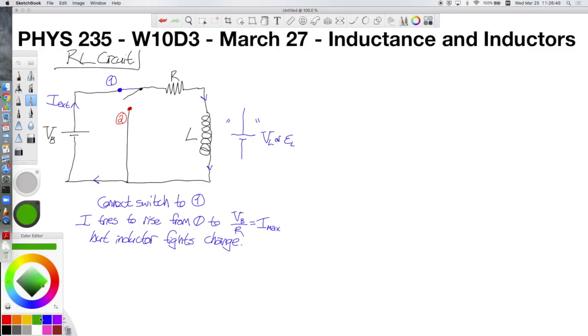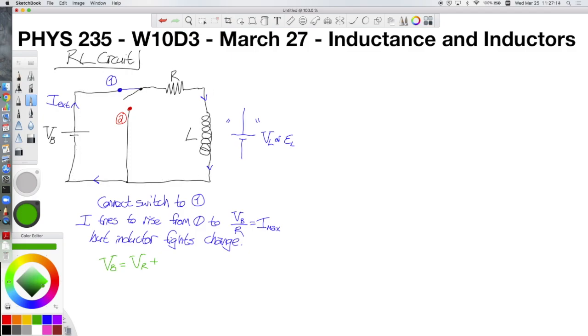So what we end up with here is, you have to spend all of the voltage that you get from the battery. Well, we get voltage from the battery, and we will lose voltage at the resistor, and we will lose voltage at the inductor. So imagine doing a Kirchhoff loop through here.